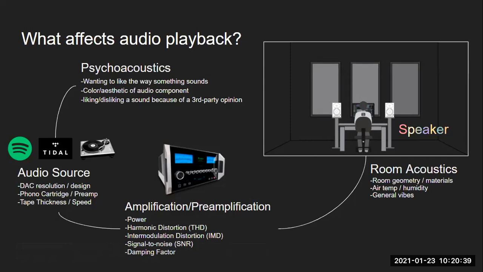Tape thickness and speed is what we would relate to the analog equivalent of bit depth and sampling rate. Those are the analog variants of what we're now used to in digital: the depth of the sound, the bit depth, and also the sampling rate. Sorry, just wanted to elaborate on that a bit.